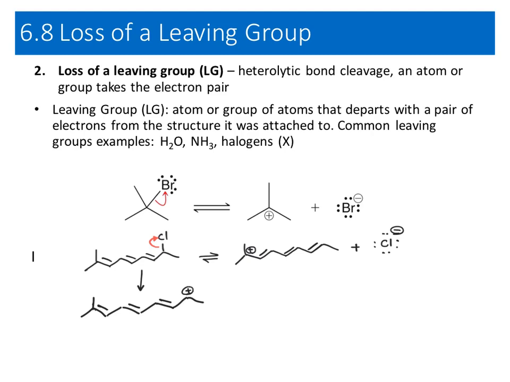Now if you compare these two structures, how can I get this structure starting from this one? What I can recognize here is a pi conjugated system, so this structure can contribute in resonance. Let me number all the carbons.